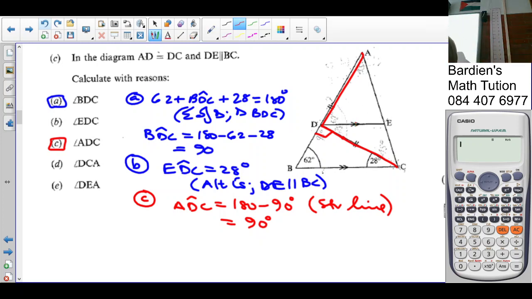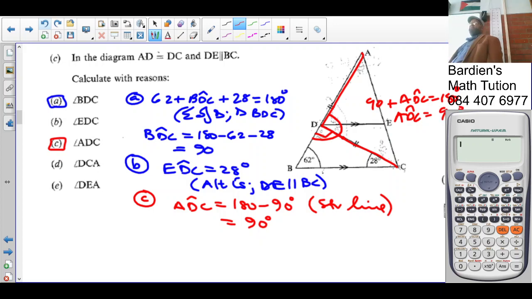They add up to 180. That is why I said 90 degrees plus ADC equals 180, angles on a straight line. So ADC is equal to 180 minus 90, which is 90. You must look past the 28 at this point, because that 28 is part of this angle here.